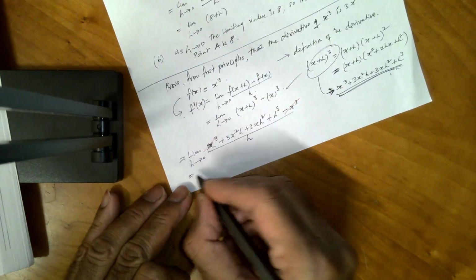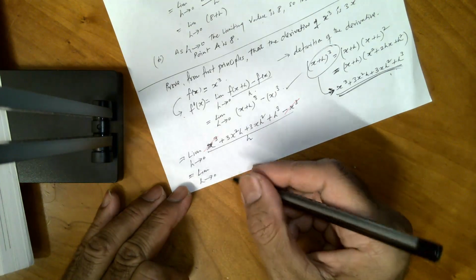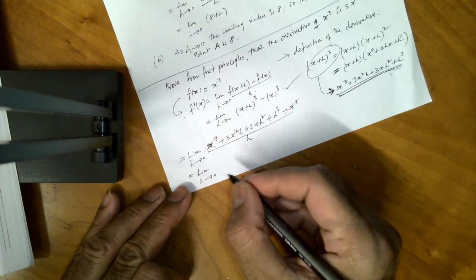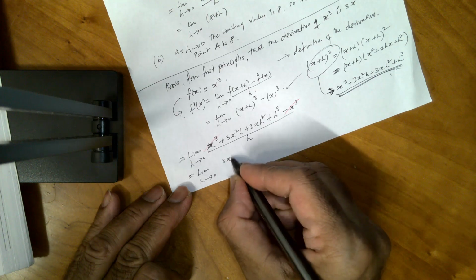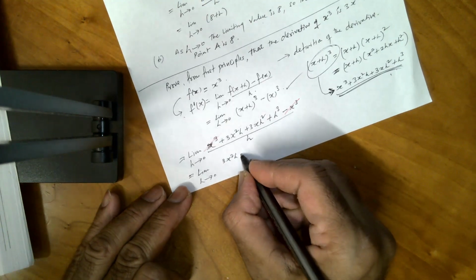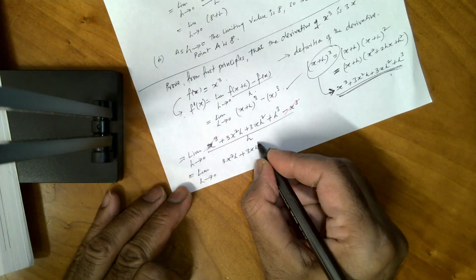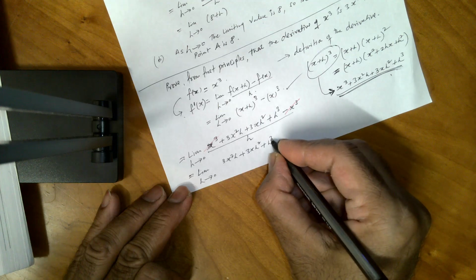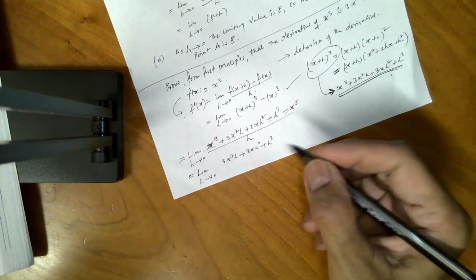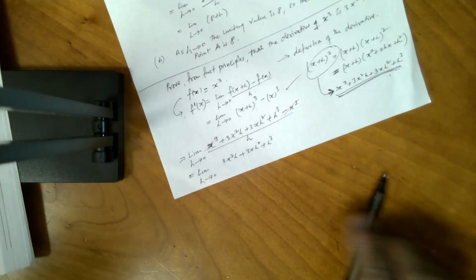limit h tends to 0. Okay, so here you have 3x squared h plus 3xh squared plus h cube. Okay, that's what you have left here.